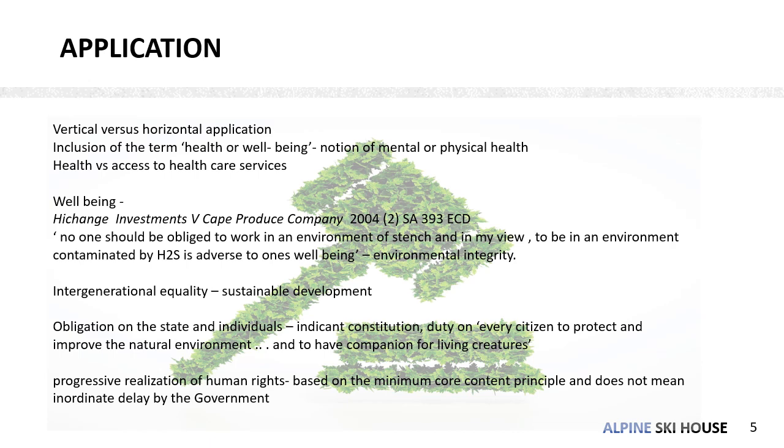And then what does it mean that we have to keep the environment safe for our well-being? What does it mean to have a well-being? Well, in the case of HTF Developers versus the Minister of Environmental Affairs, the South African case, they were trying also to give a definition for what it means to have the environment be not harmful for our well-being.